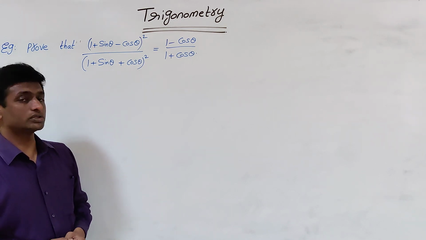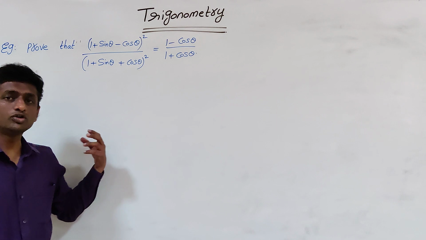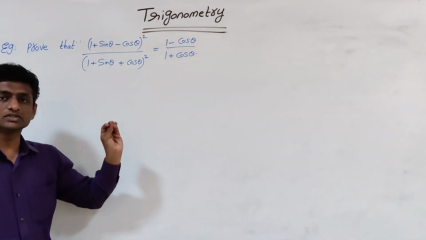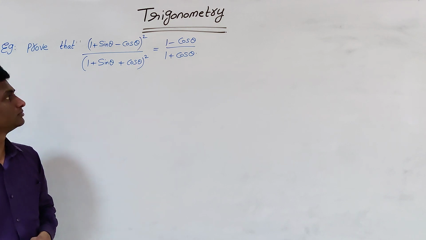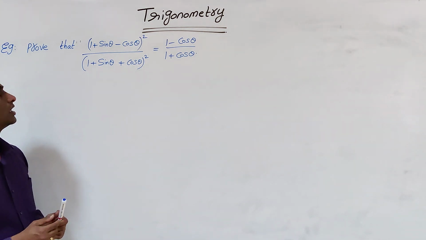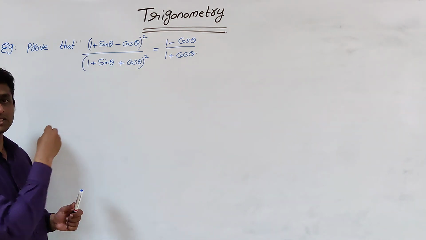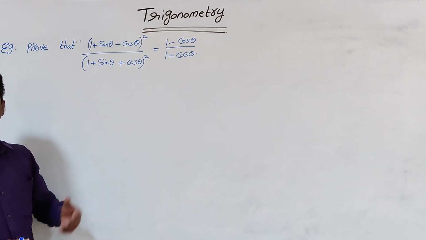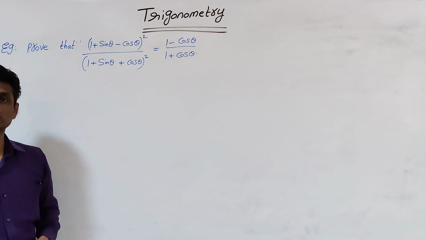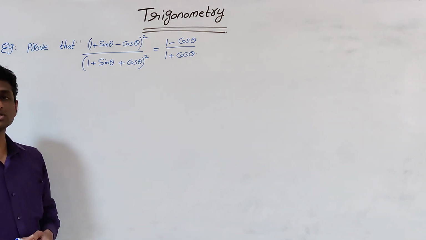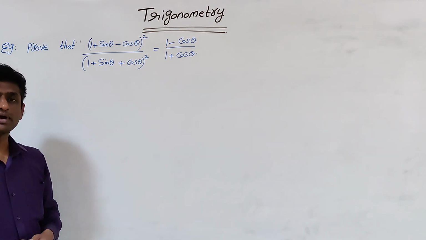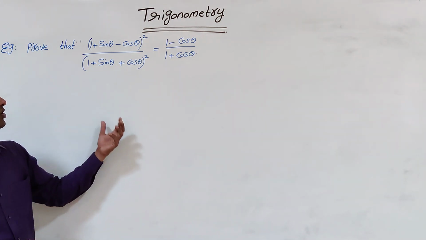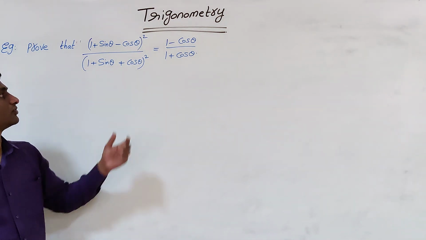Now, in order to prove that, assume that 1 plus sin theta is treated as one term, a, and cos theta is b. Then it will be in the form of (a minus b) whole square, and we know the expansion of (a minus b) whole square: a square minus 2ab plus b square.